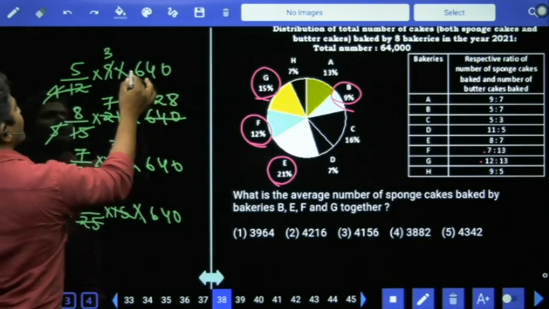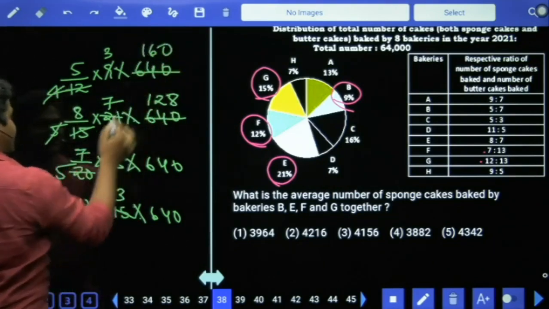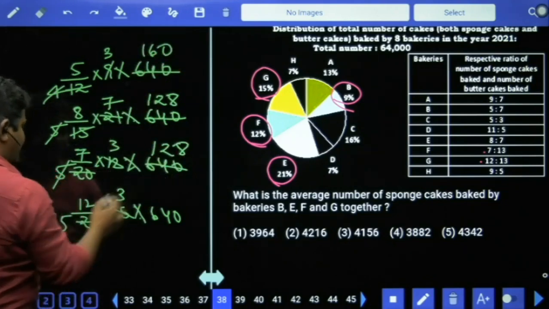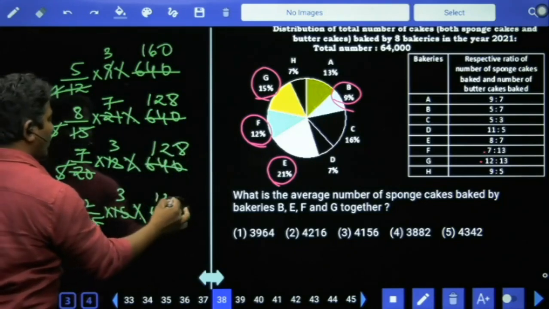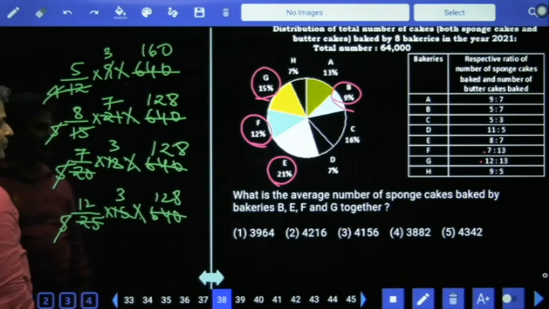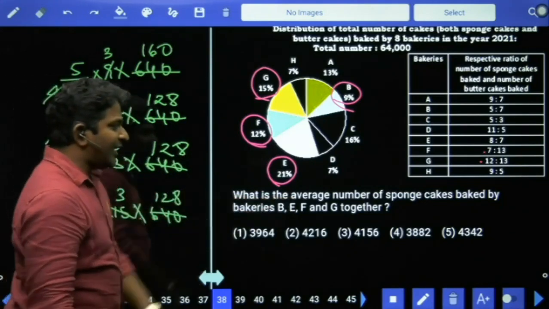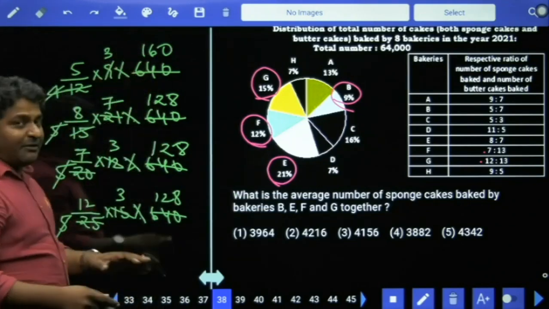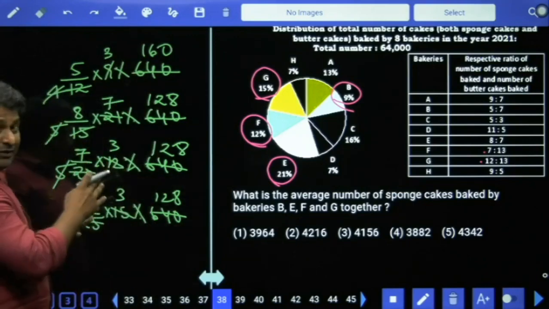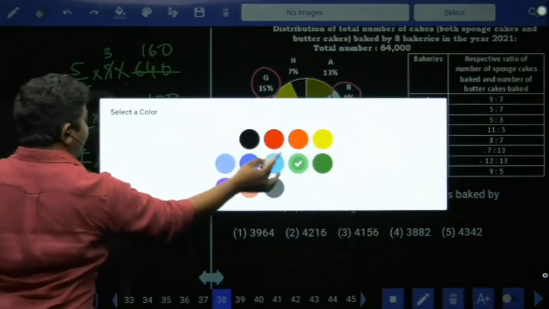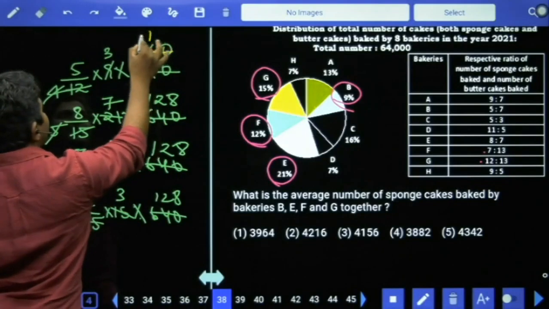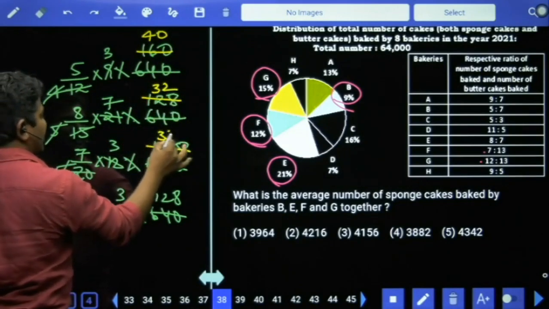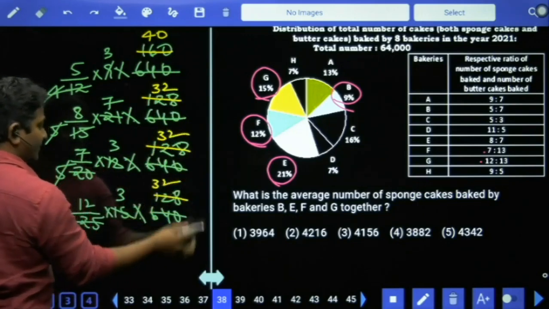128 times, 4 160 times, 5 128 times, 5 128 times. Again, you are asked to calculate the average. So the sum of numbers should be divided by 4. Let us calculate every number divided by 4. So when you divide every number by 4, here it is 40, here it is 32, this is 32, this is 32.